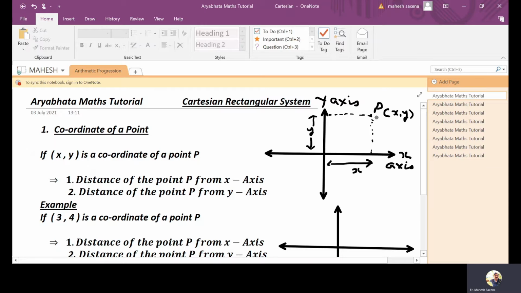Therefore, it is very clear that the perpendicular distance of point P from the x-axis is y, and the perpendicular distance of P from the y-axis is x. That is, the distance of a point P from the x-axis is y, and the distance of the point P from the y-axis is x.